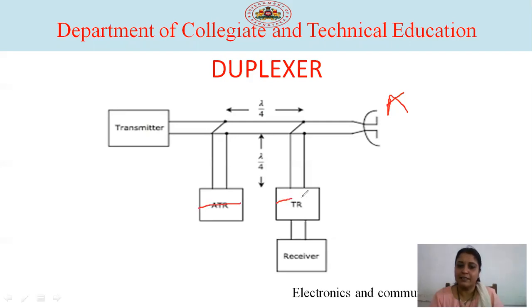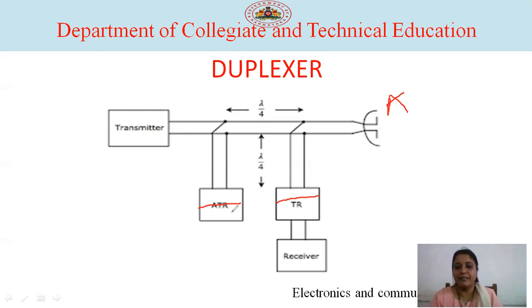And when the energy is not supplied, after some time they will return to their original position, that is, open. Whenever there is no energy, they will be in the open condition only. That is the main working of these two switches.